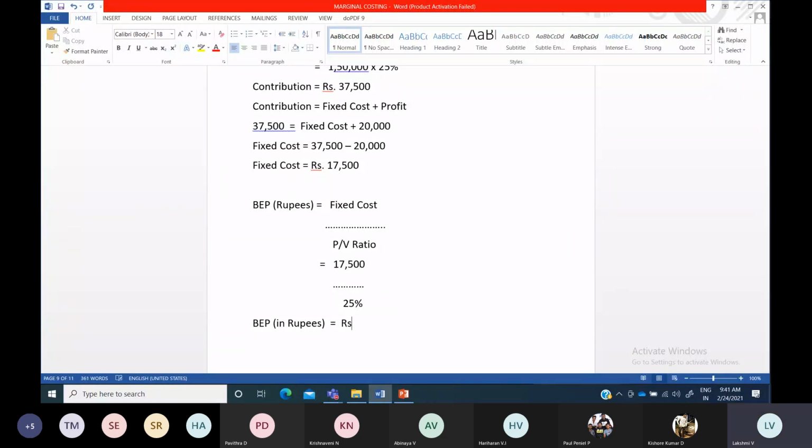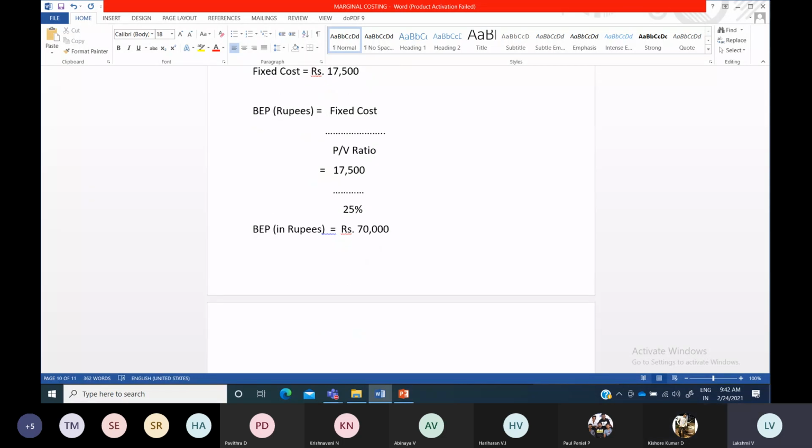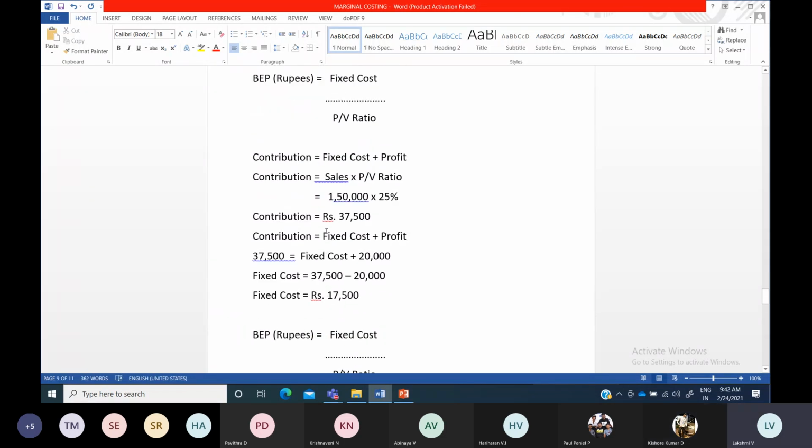You have to write it in rupees. 17,500 divided by 25%. 25% means 25 divided by 100, we can divide by 0.25. 17,500 divided by 0.25. How much are you getting? 70,000, ma'am. 70,000, right? So this is our break-even point in rupees.